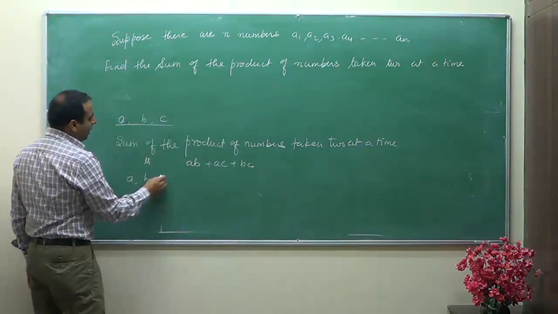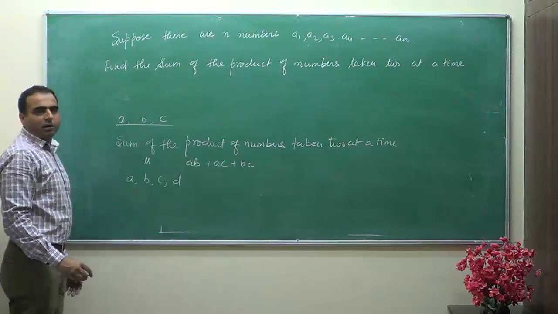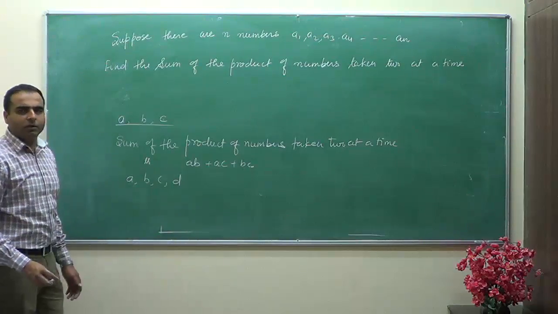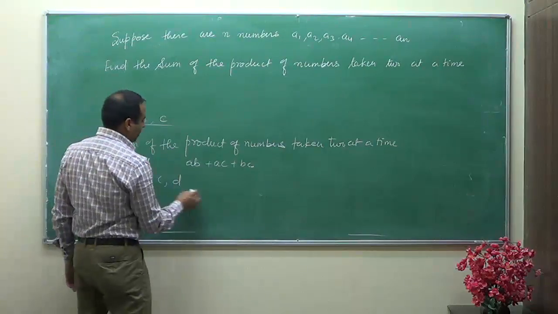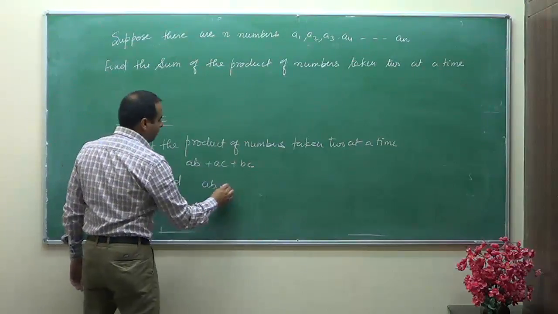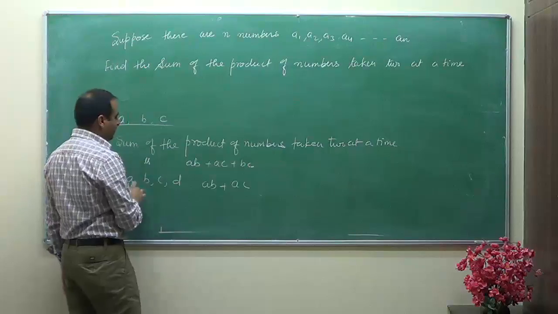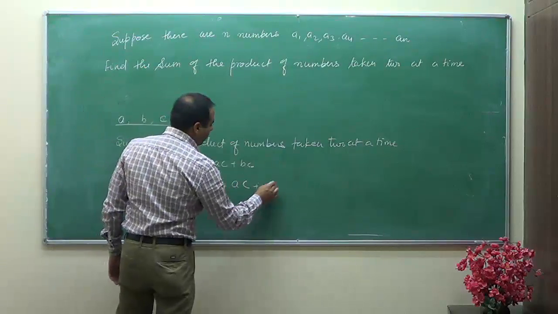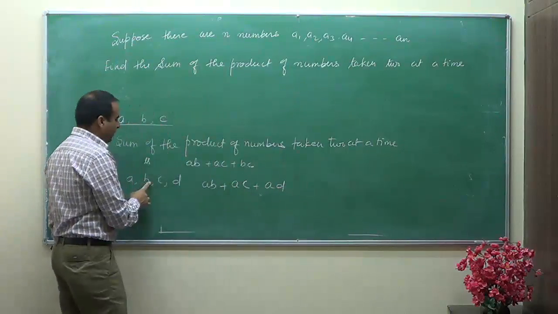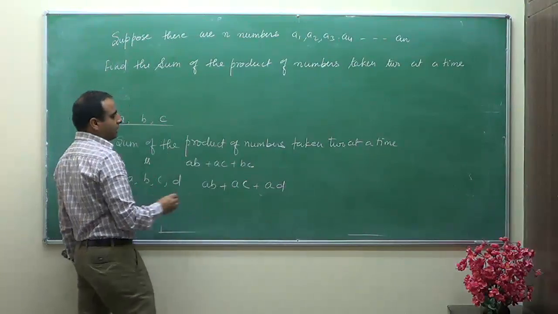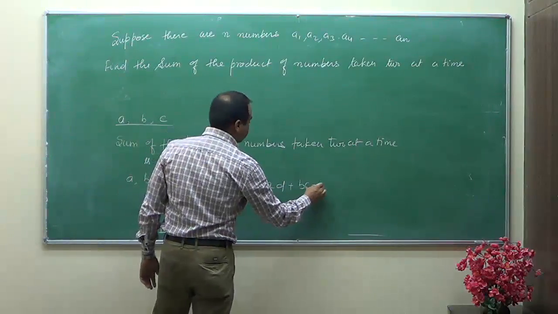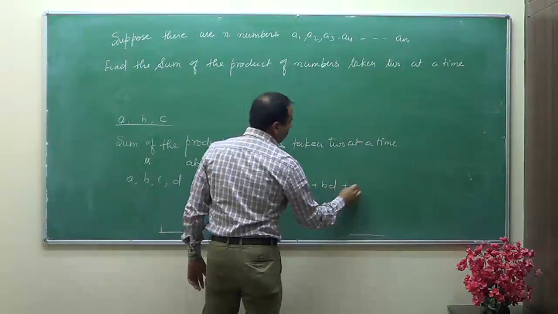If we have four numbers a, b, c, d, then the sum of the product of numbers taken two at a time is ab plus ac plus ad, that is a with b, a with c and a with d, plus bc plus bd, plus cd.